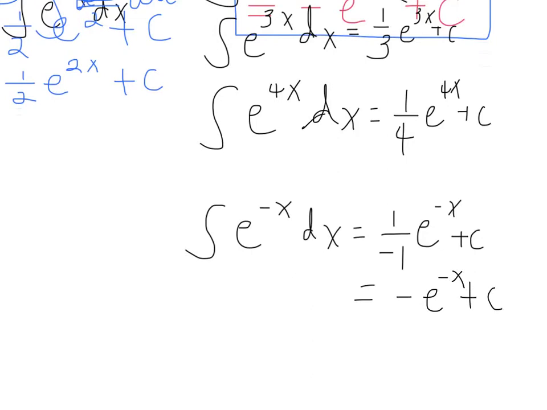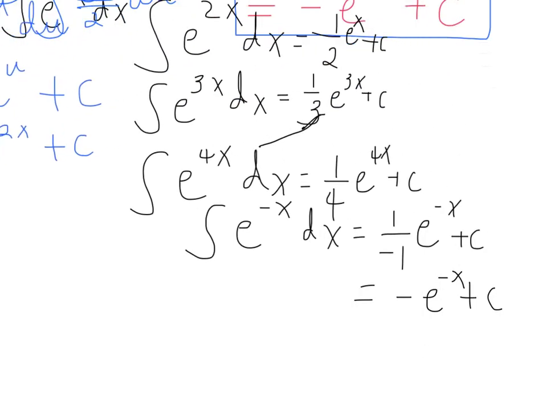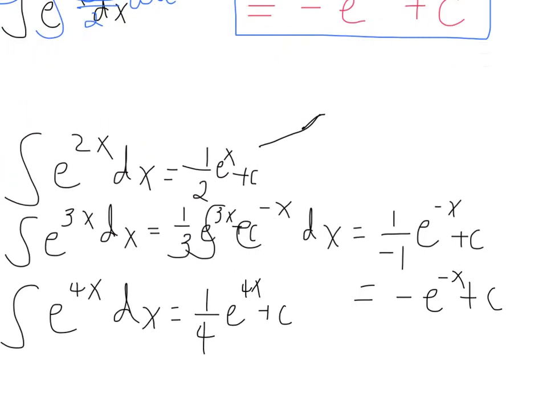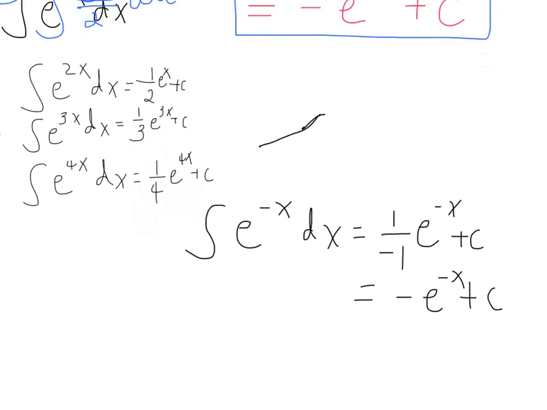So I want you to observe the pattern. A while ago, when we were integrating e to the 2x, it's 1 half e to the 2x. E to the 3x is 1/3 e to the 3x. E to the 4x is 1/4 e to the 4x plus c. So e to the negative x is negative e to the negative x plus c.